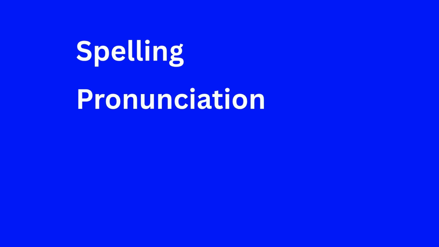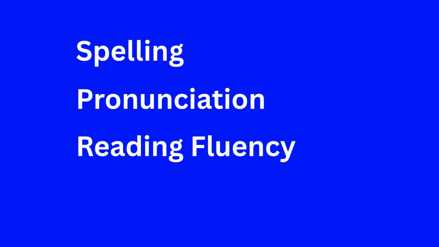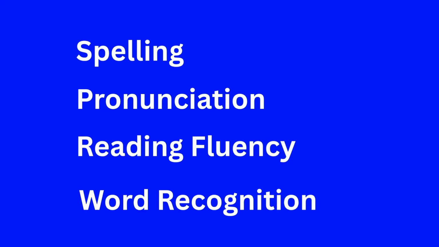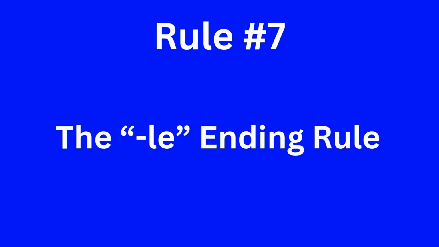Learning syllable rules like this helps improve spelling, pronunciation, reading fluency, and word recognition. And here's something exciting. We've almost completed our entire syllable series. In the final lesson, Rule 7, you'll discover one of the most common spelling patterns in English, the LE ending rule.